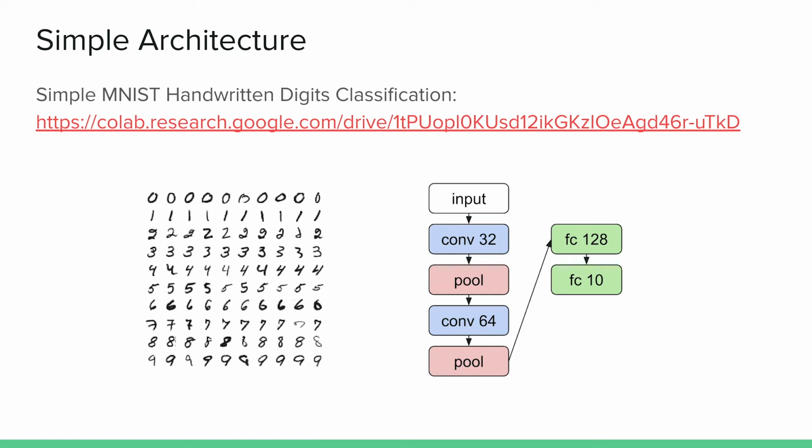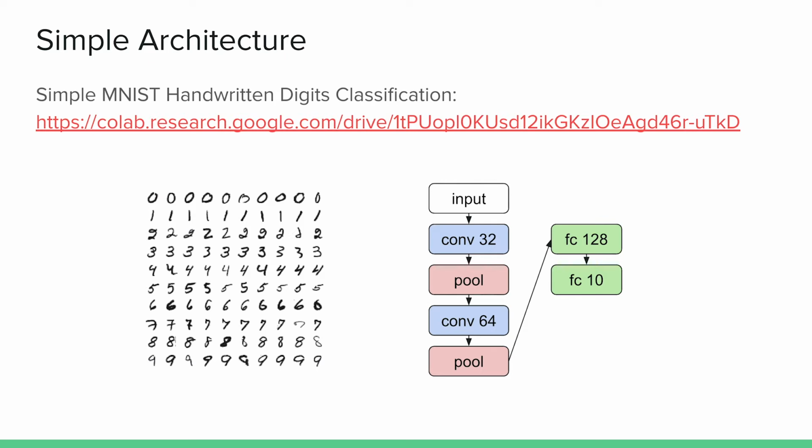So we have these images, 32 by 32 pixels, grayscale, and an associated label, the number that appears in it. We could take this as our input of 32 by 32 by 1, because we only have one color channel, black and white, so no RGB. Then we feed that into our first convolutional layer, which has, say, 32 feature maps.